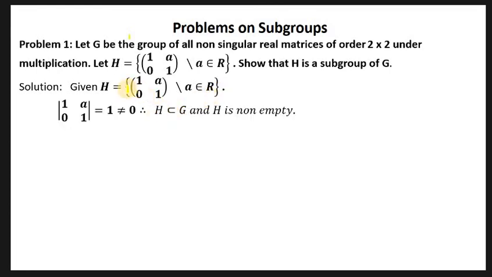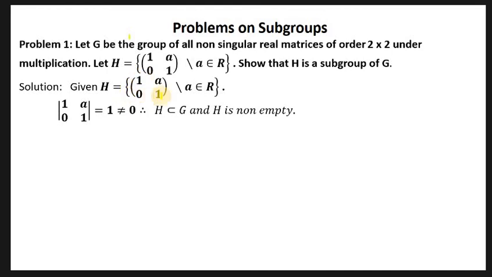Consider the determinant of this matrix. They have given us that G is a set of all non-singular real matrices. If the determinant of the given matrix is 0, then it becomes a singular matrix and it won't belong to group G. So we have to check whether this matrix is singular or not.